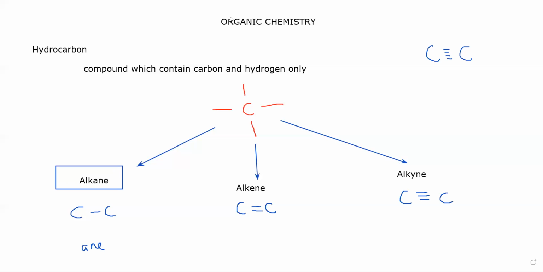If between them there is a double bond, the name should end at ene. And if there is a triple bond between the 2 carbon atoms, then the name should end at yne. So you can see alkane, the name ends at ane, alkene, the name ends at ene, and alkyne, the name ends at yne.